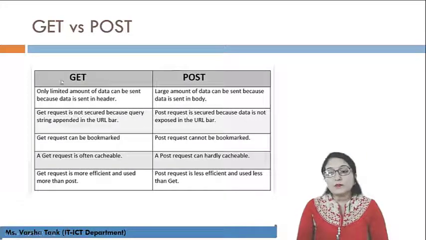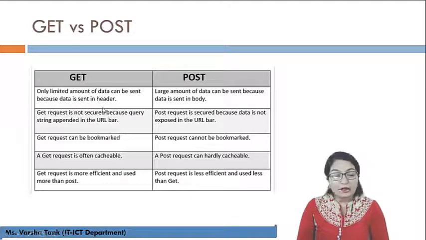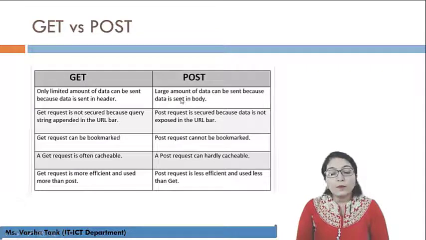So let's see. In GET, only a limited amount of data can be sent because data is sent in the header. That means whatever information you send with the GET method will be visible in the header. In POST, a large amount of data can be sent because the data is sent in the body. So in the POST method we can send lots of data because the data is sent through the body.